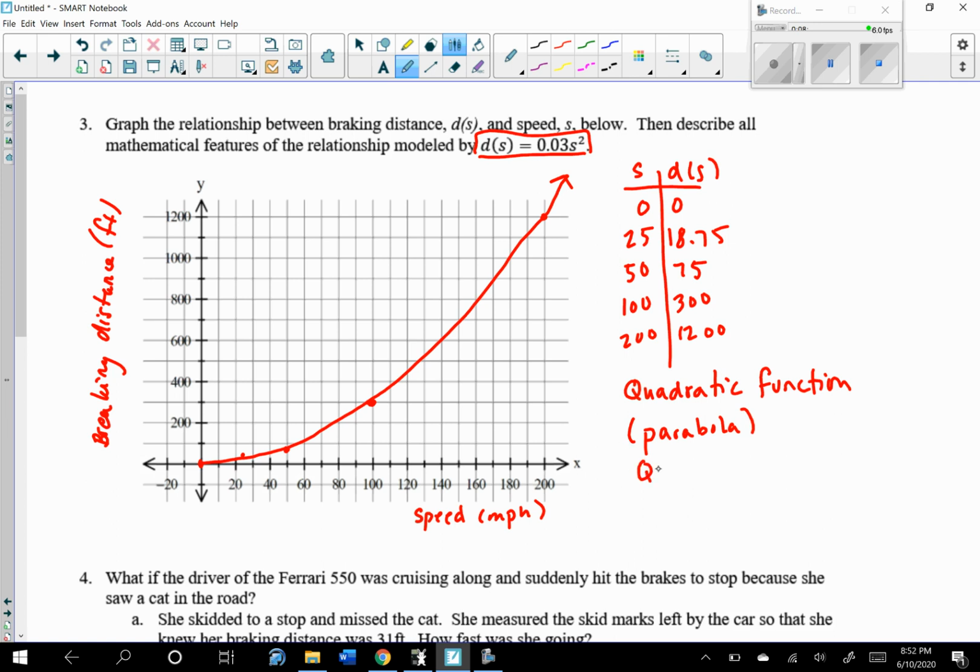So we're in quadrant 1 because we can't have negative speed or distance. So the domain of this is from 0 to infinity, and the range would be also 0 to infinity.